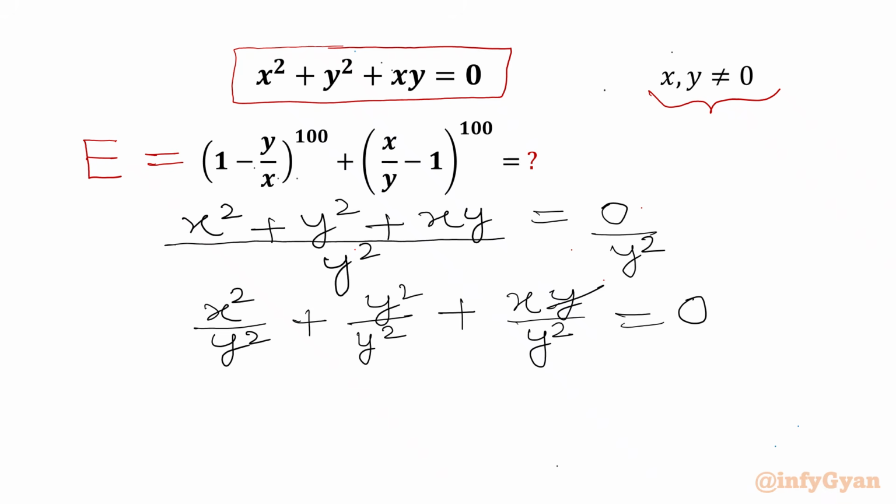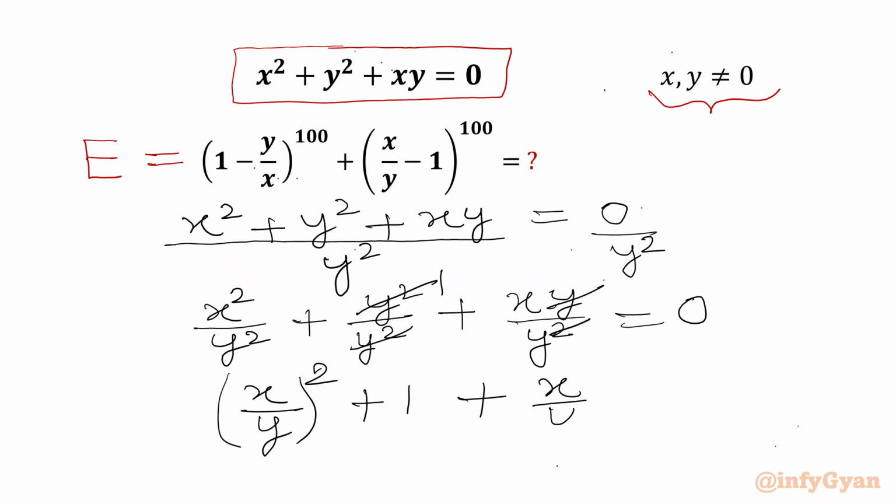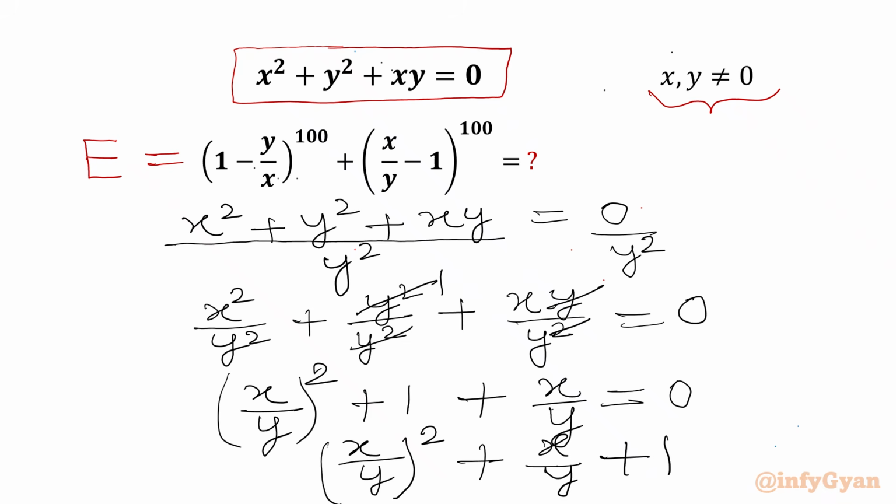Now we can cancel y with 1 power of y in the denominator. Y square will be over, so we'll write 1 here. So I can write (x over y) whole square plus 1 plus x over y equal to 0. Or I can write our quadratic in x over y as (x over y) whole square plus x over y plus 1 equal to 0.